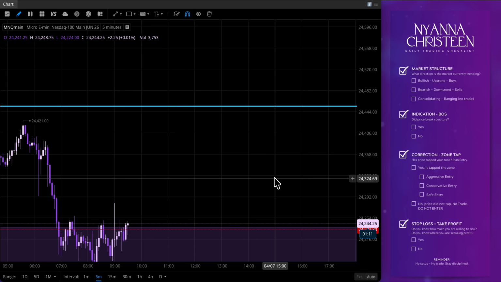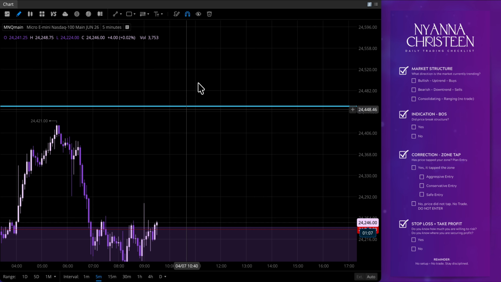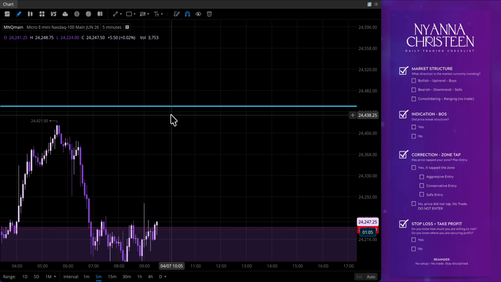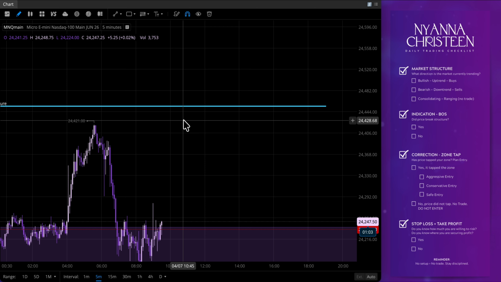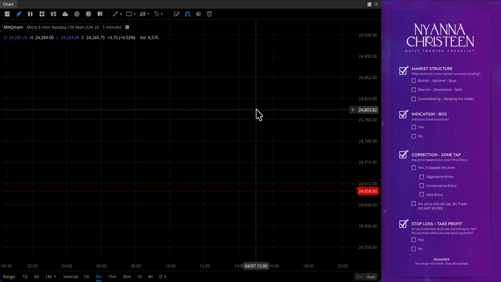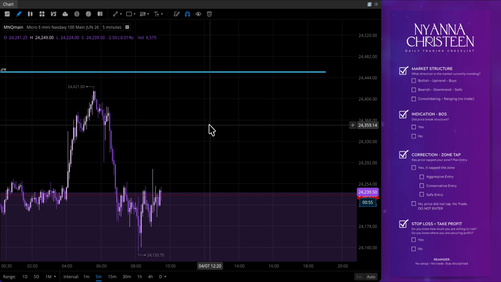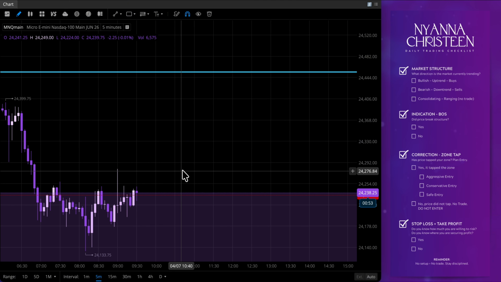But we would like to see price start pushing outside of the zone and potentially breaking this breaker structure, so we can catch something at least up to this resistance or even the trend line. So yeah, let's see what happens.